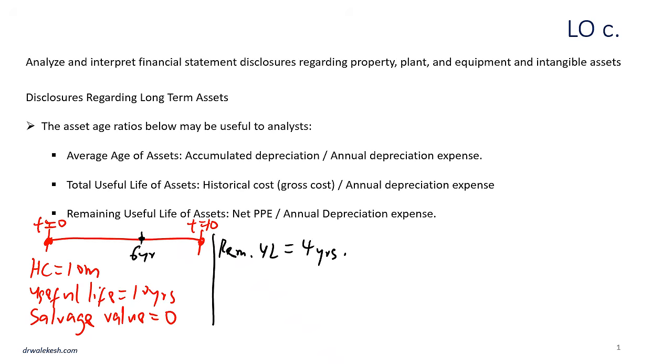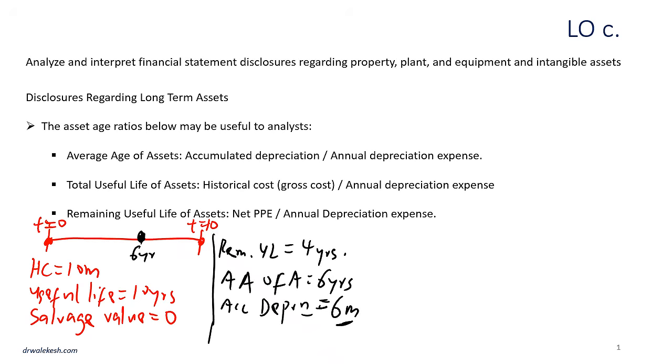That also implies that the average age of the asset on this day would be 6 years. It also implies that the accumulated depreciation on this day would be 6 million US dollars. Why is that so?